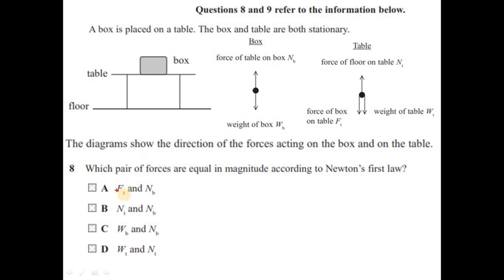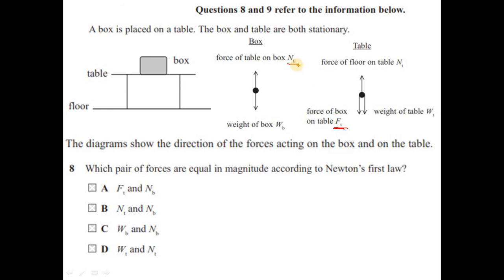So your option A is Ft and Nb. Ft is the force of the box on the table, and Nb is the force of the table on the box.